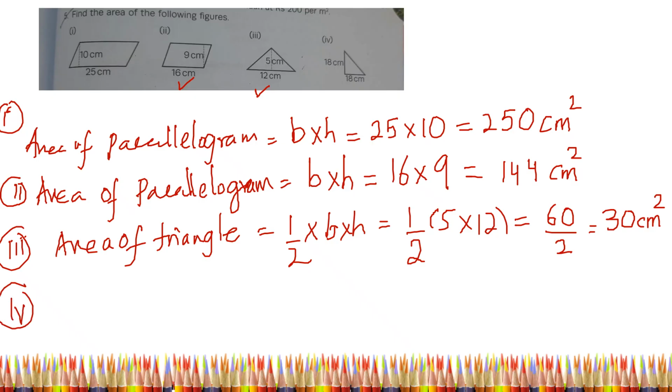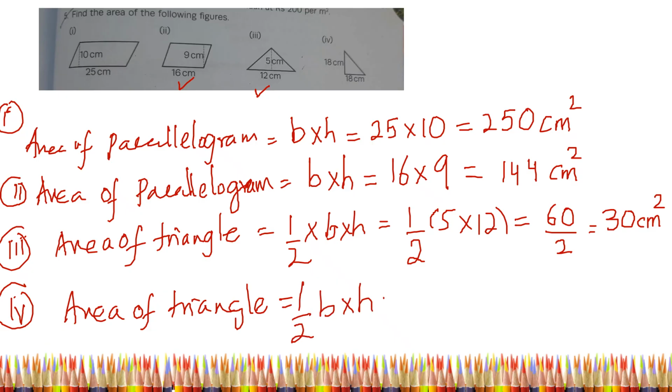Now the fourth part is also a triangle, and area of triangle equals 1/2 b multiplied by h. The base is 18 and the height is also 18. Now what is 18 multiplied by 18?